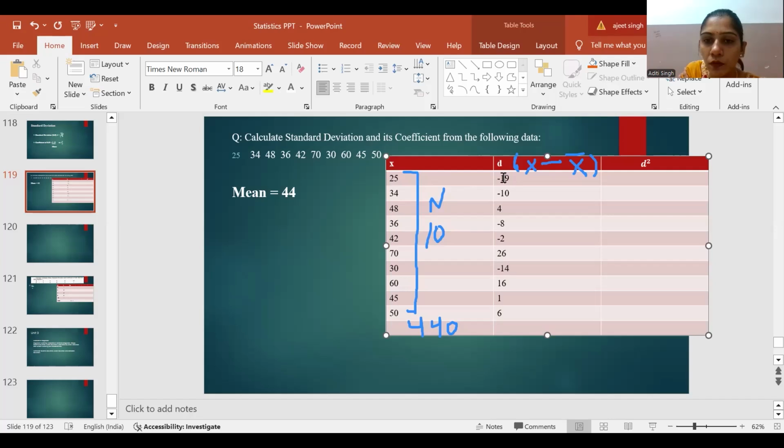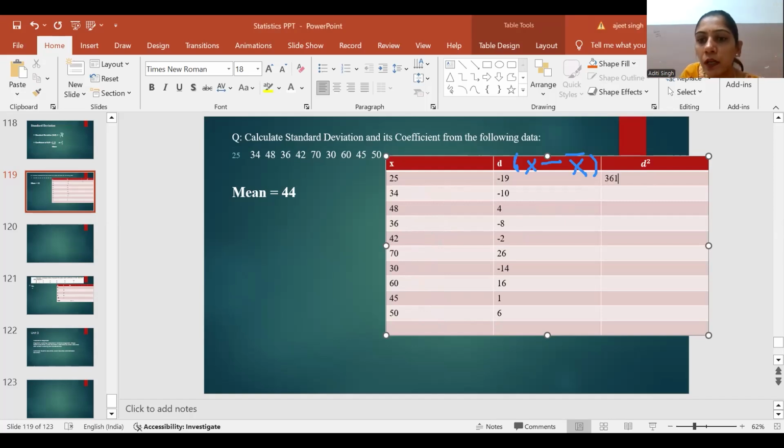Now with the help of this d, we will calculate the value of d square. Let me calculate d square. Now, minus 19 into minus 19 will become plus 361.